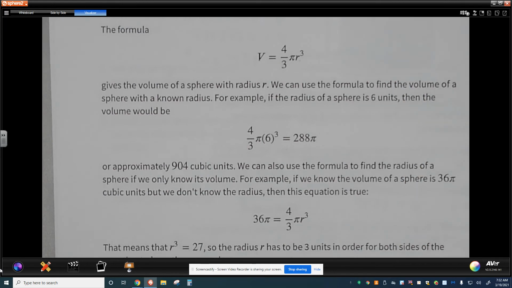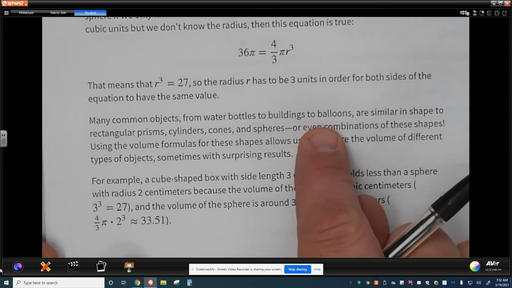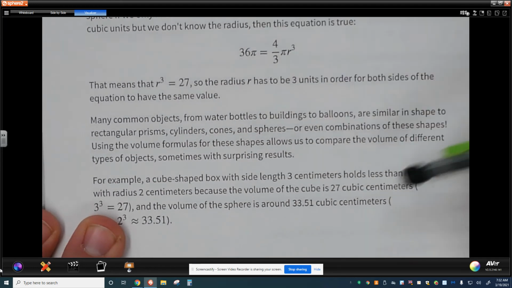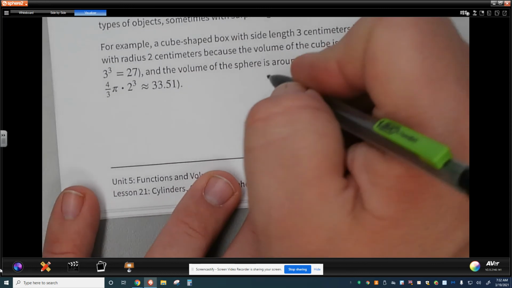We also learned how to compare a lot of different objects, from water bottles to buildings, or buildings to balloons, all these similar shapes that come into play, or maybe not even similar shapes, that their volumes can be equal. But the formulas are really the key things we have to have to be able to understand the volume perspective.